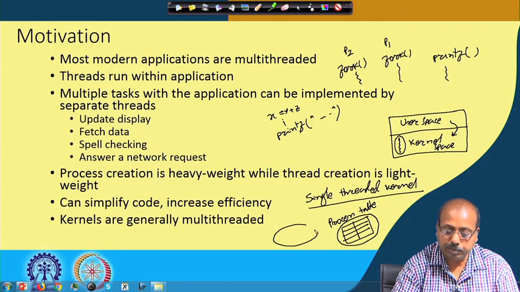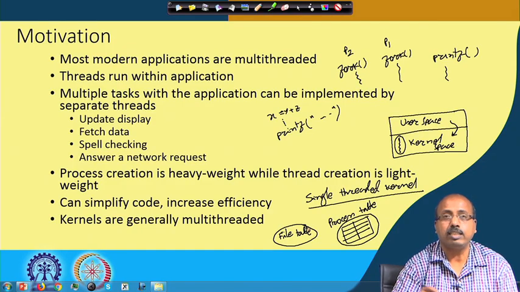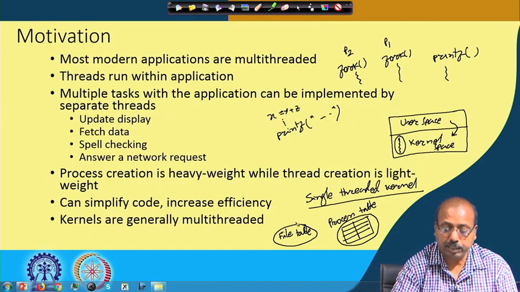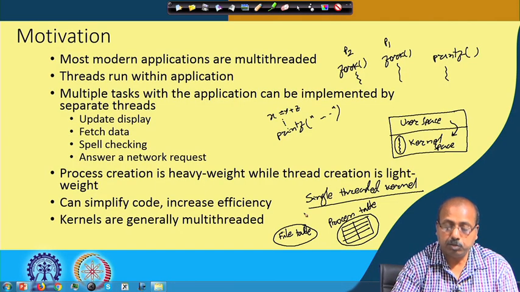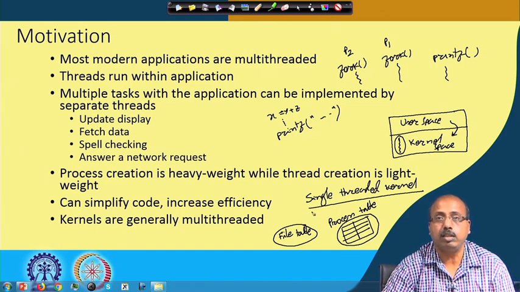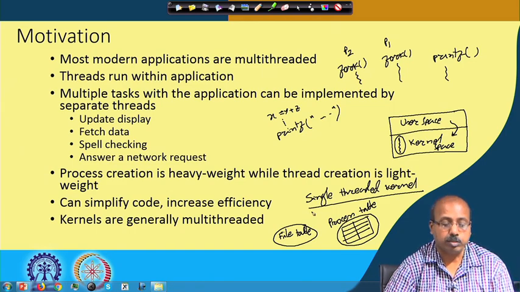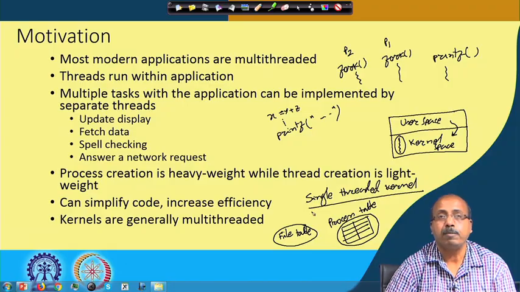Similarly, there is another table, the file table, that remembers all the open files in the system. If two processes are trying to open files, they should not be allowed to modify this file table simultaneously. So, we should have protection around each of these individual data structures or tables, and that makes it difficult.